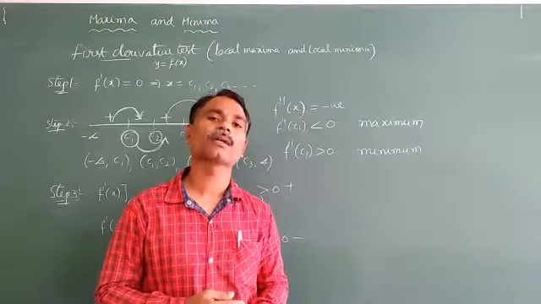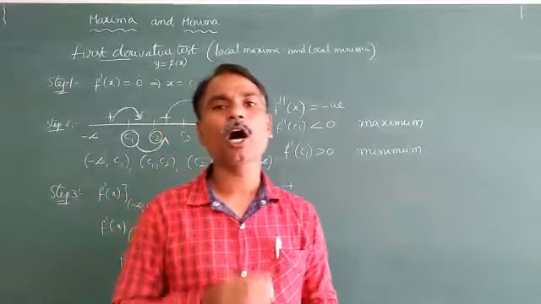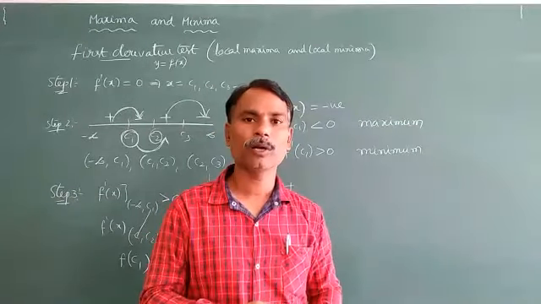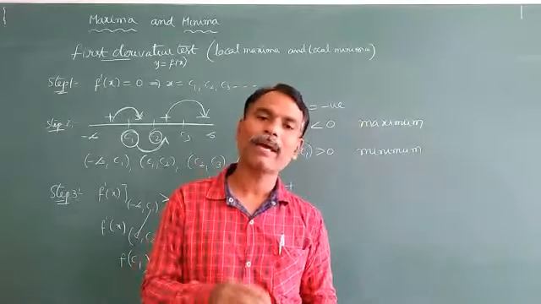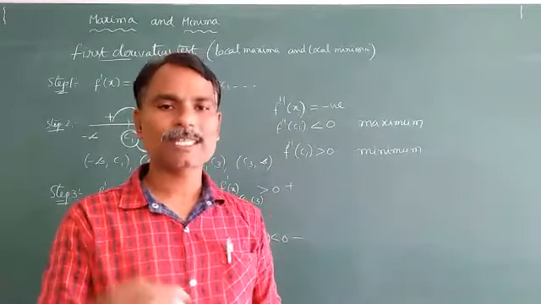Especially some theoretical questions will come to you. Like in our increasing, decreasing function, where we remembered steps for type 2 model, in the same manner, for our maximum, minimum problems, some steps are there.